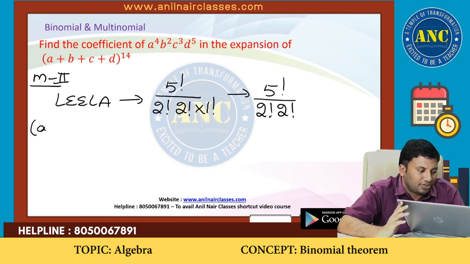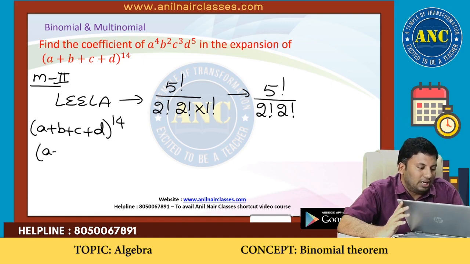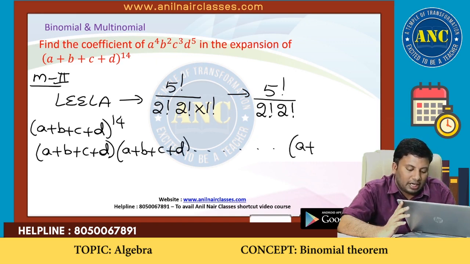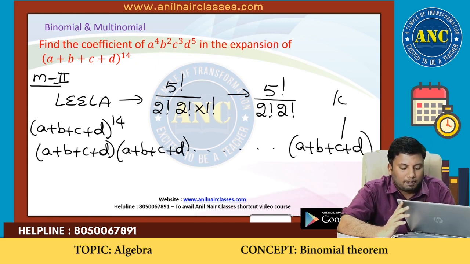Now, same thing. A plus B plus C plus D power 14 is nothing but A plus B plus C plus D multiplied 14 times, and so on up to A plus B plus C plus D, 14 times.